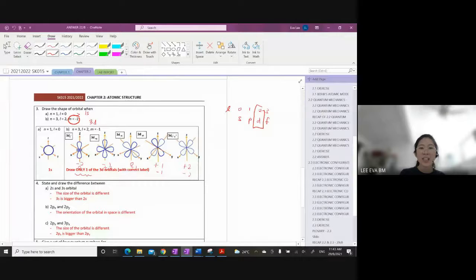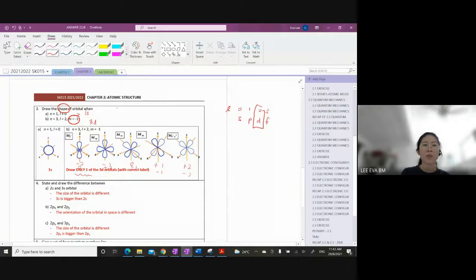So this is the shape. Don't confuse it with the orbital diagram. The orbital diagram has lines or boxes, while this one is the shape. Students always mix up the orbital diagram and the shape, so I want you to take note. All of these are shapes. If they mention orbital diagram, you use the arrows and the lines or boxes.